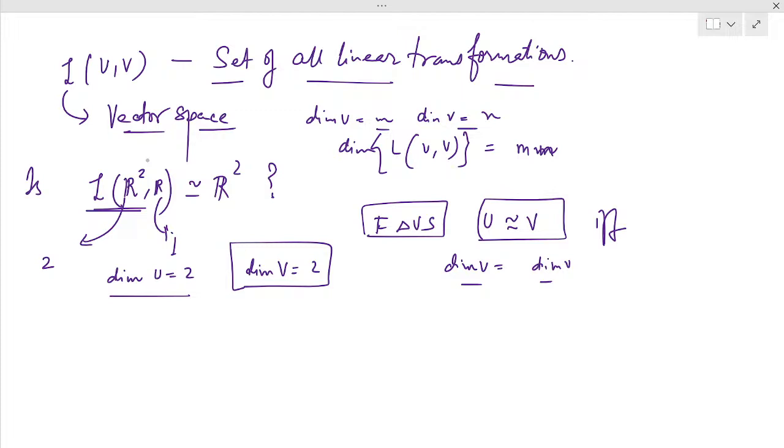In fact, writing this is equivalent to saying that you are drawing a Cartesian plane. I hope it is clear till now.